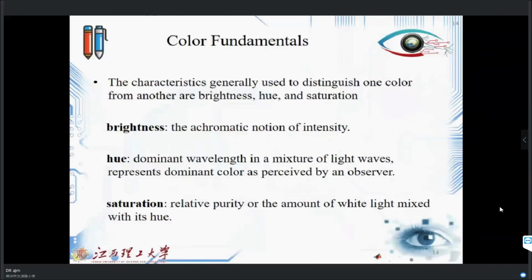Hue is the dominant wavelength in a mixture of light waves and represents the dominant color as perceived by the observer. And saturation is the relative purity, the amount of white light mixed with the hue. These are the three factors that can bring a different color for us.